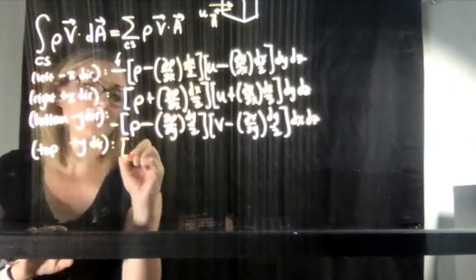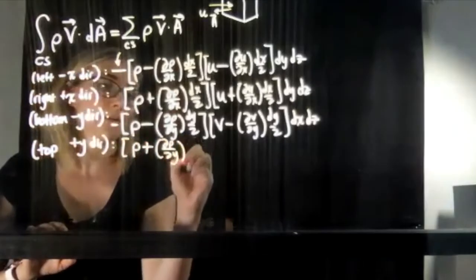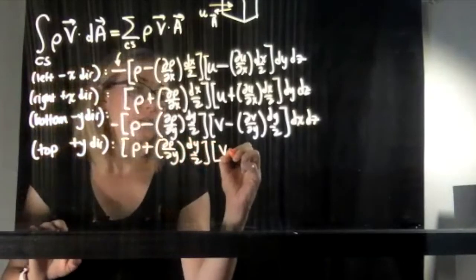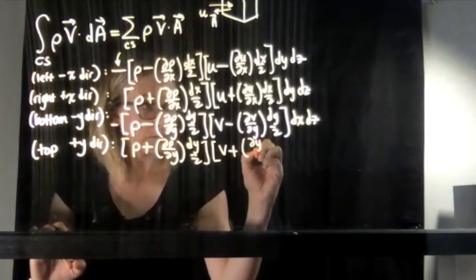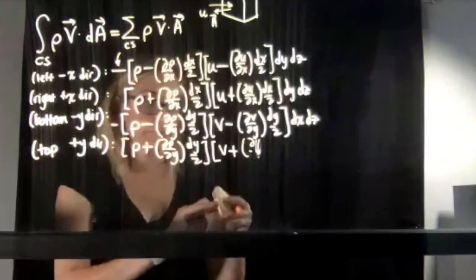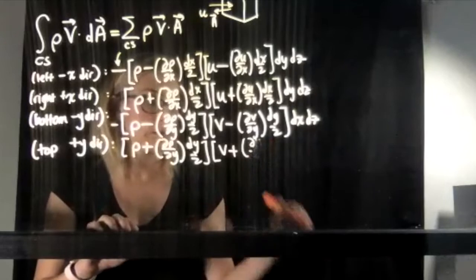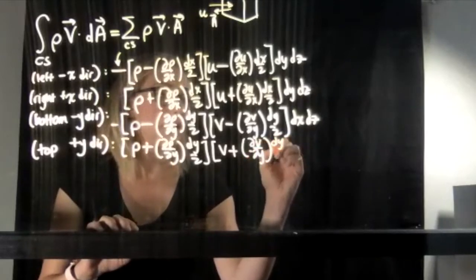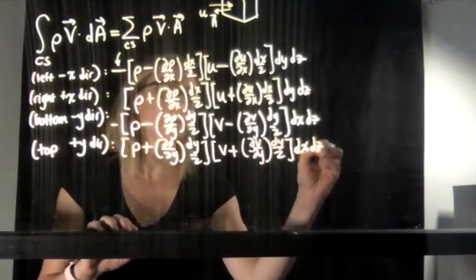So we have a positive rho plus d rho dy times dy over 2, times v plus partial v partial y, dy over 2. And again, our area is dx dz.